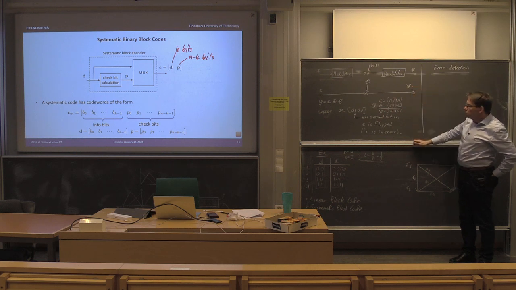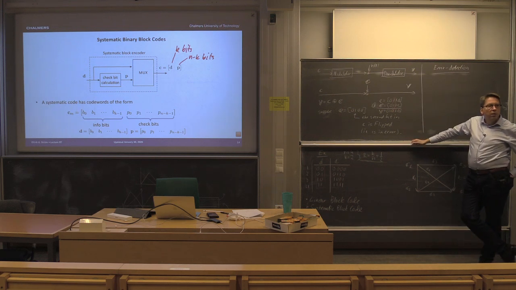Okay, so can you tell me how to do this? So, for instance, if I'm the error detector and I get y, I get the bits. How can I tell if an error has occurred or not? Yes?